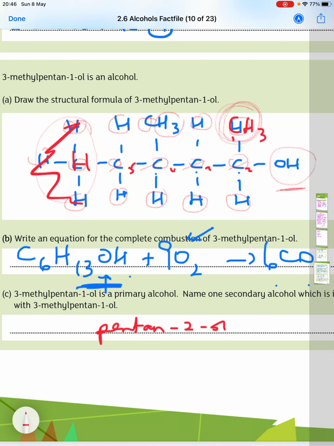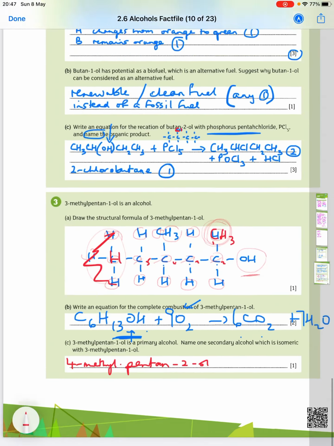And then it's going to be like 4-methyl pentan 2-ol. There are lots of other ones you could go. You could go hexan 2-ol, 3-methyl pentan 2-ol, or anything else that was suitable, really.